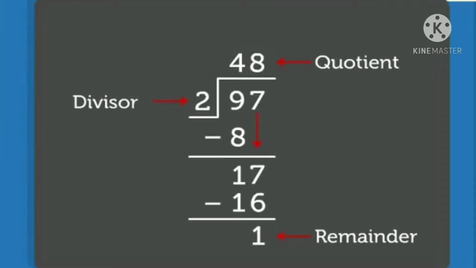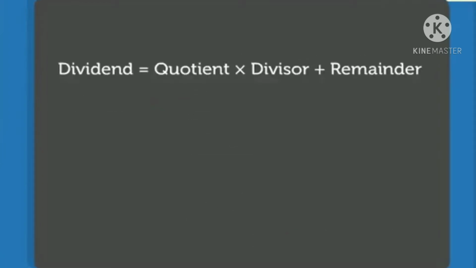Did you know, kids? We can also check our calculation. All we have to do is use the following relation. Dividend is equal to quotient into divisor plus remainder.